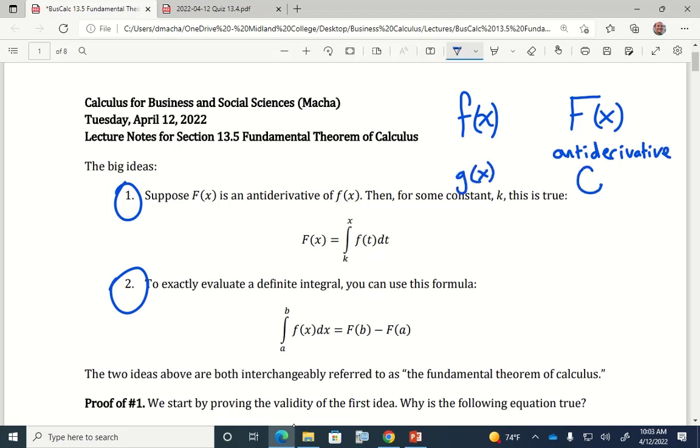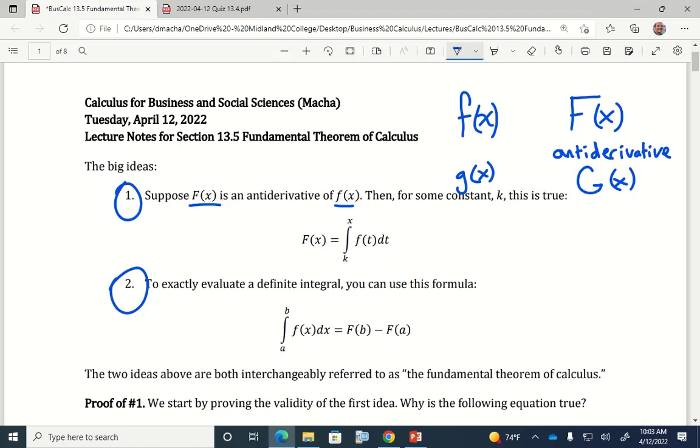I'll make the letter a capital if I'm talking about the antiderivative, as a general rule. Maybe not all the time, but this is something we commonly do in calculus. So we're supposing capital F is an antiderivative of lowercase f.